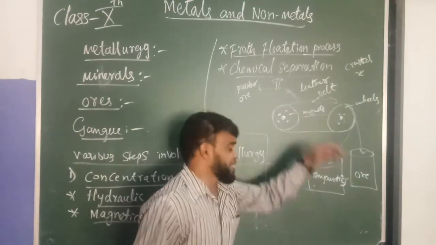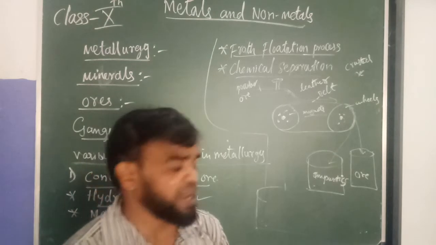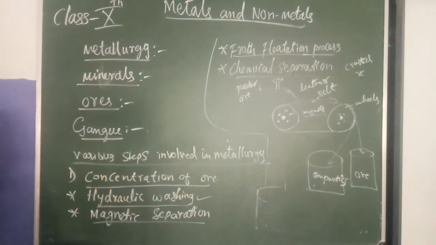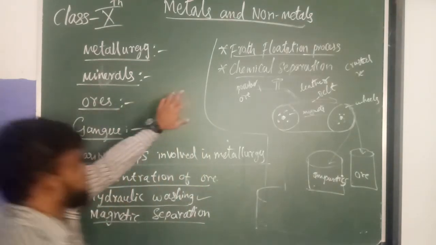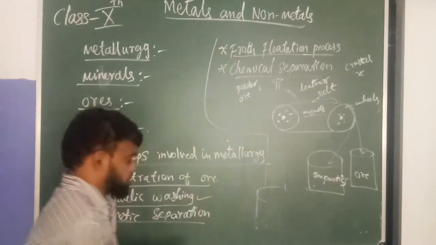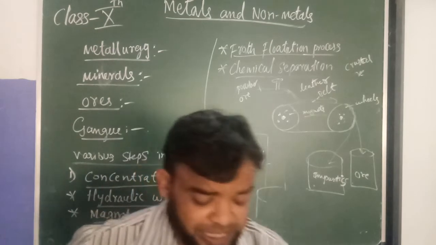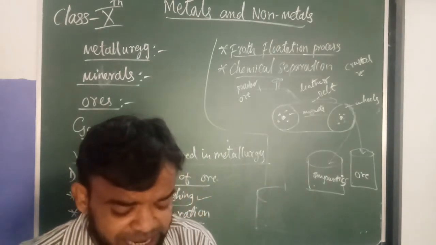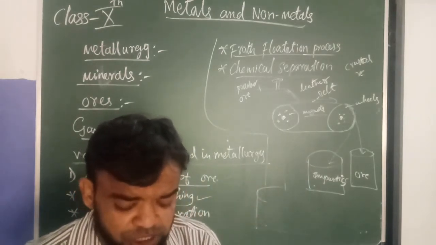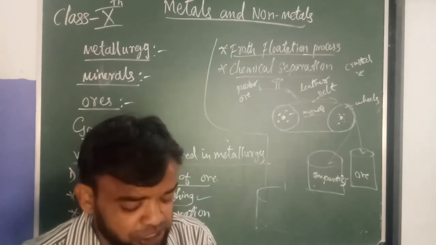Next I am going to explain the fourth one, the flotation process. So here, see. In this, the apparatus is set as shown in the figure. The powdered ore containing impurities is poured in the tank.